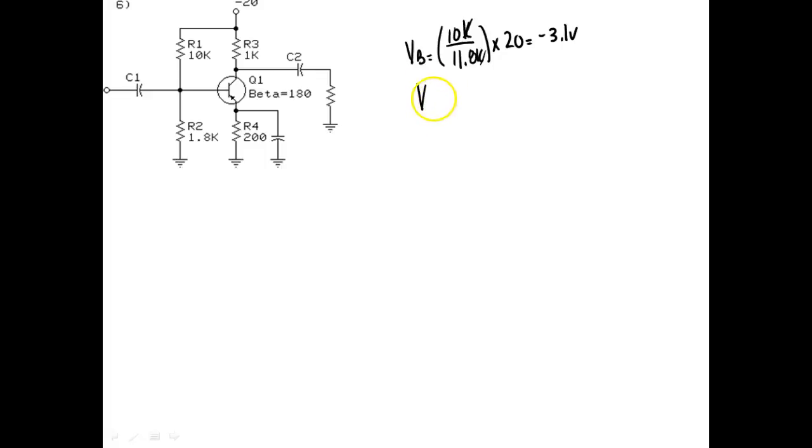VE would be a minus 3.1 minus 0.7. No. Well, we did something wrong because this is the what type?